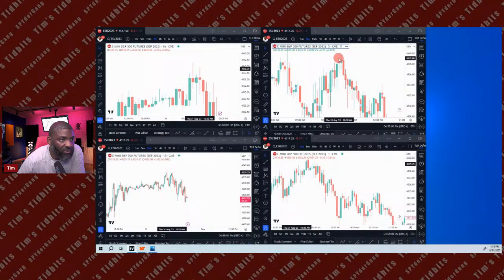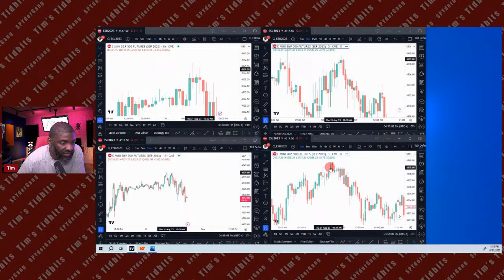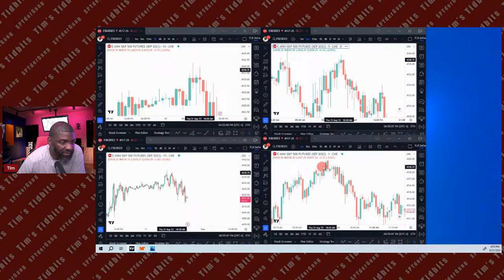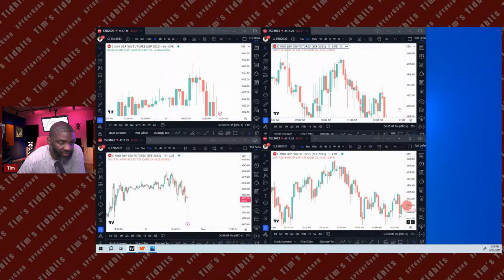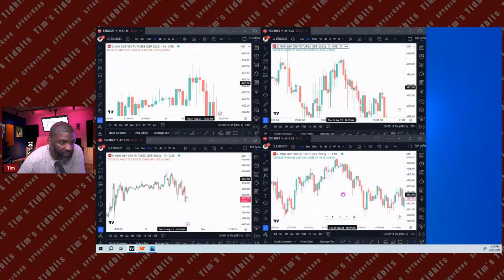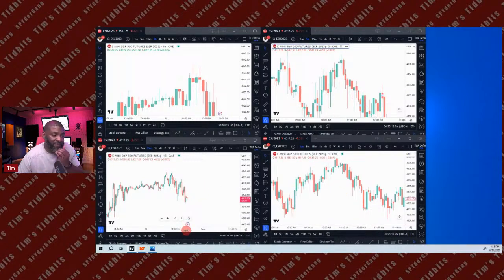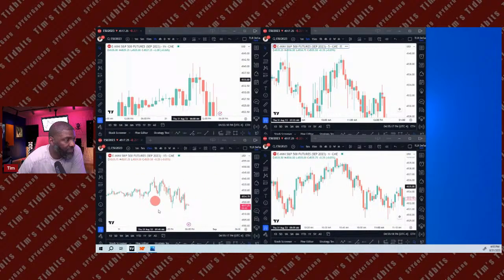So that's the 10:35 candle, that's the 10 right there. This is the area right here we're looking at. If I had done this first, I wouldn't have had to hunt so much.